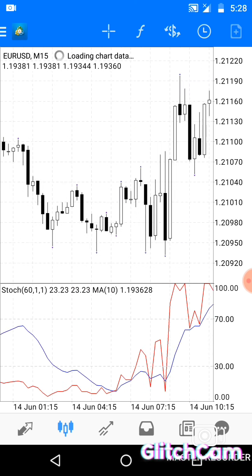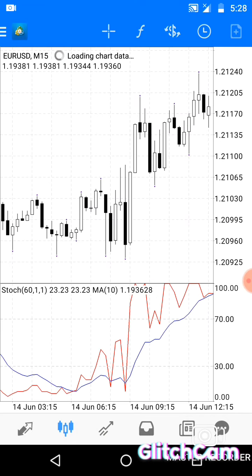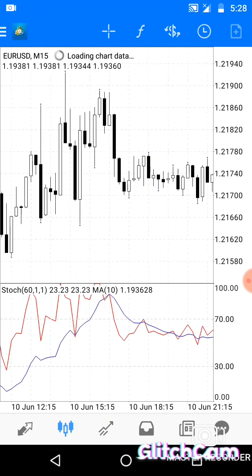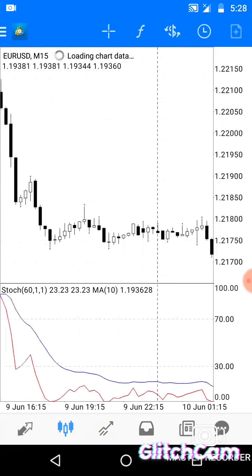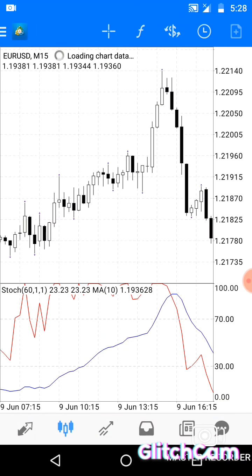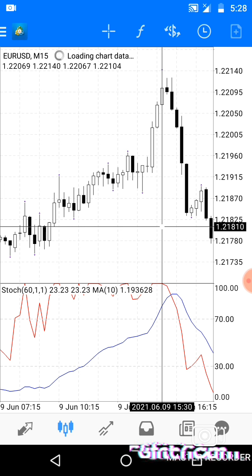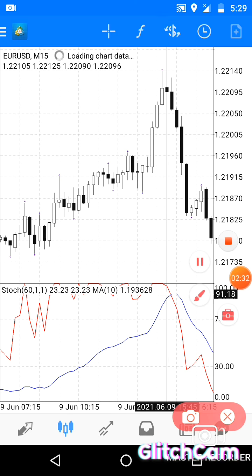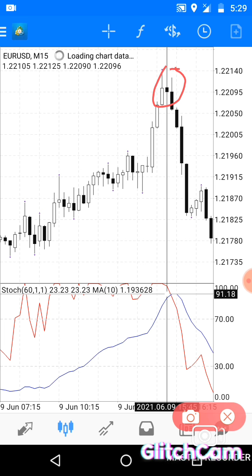You see, it forms all the time. As you can see from here, they have crossed each other, and you are seeing the same type of candle, maybe 3 or 4 or 5.